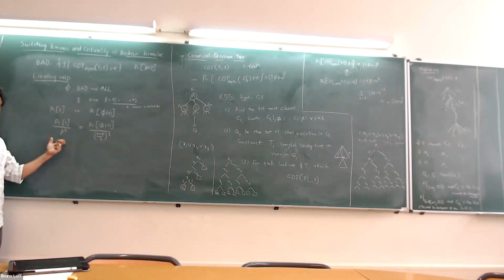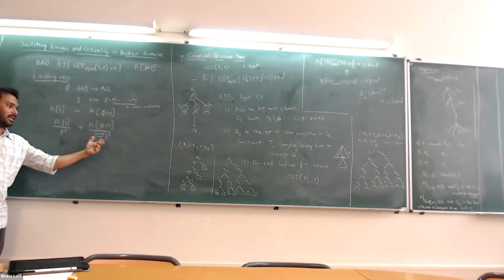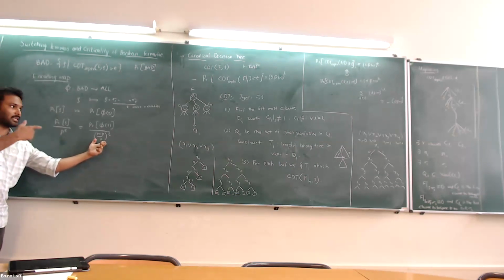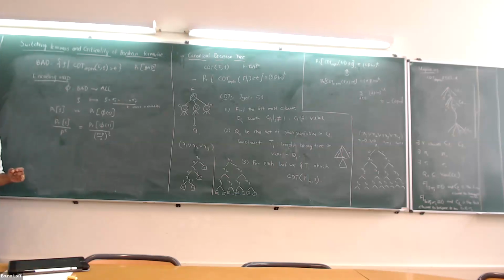There are some t variables which were free here, and they were set to particular values. What's this probability?